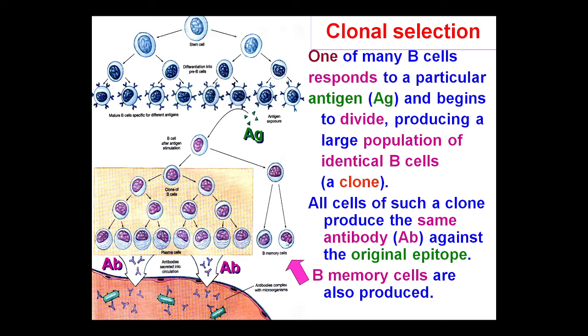It means memory cells are long-living cells that wait for the repeated appearance of the antigen to repeat all this process of activation of the immune response in the future. Of course, this immune response in the future will be higher and longer than the primary, because in every episode of contact with the same antigen, the number of memory cells becomes higher, higher, and higher.